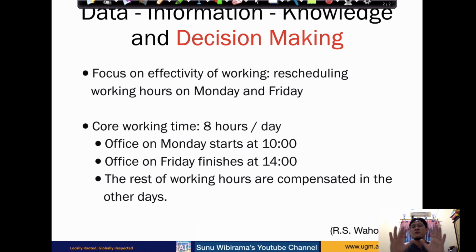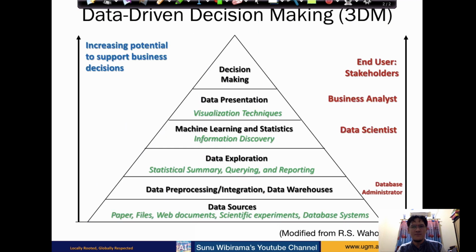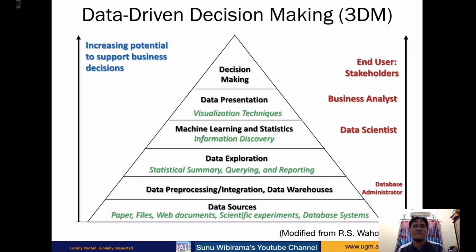You know the knowledge, the patterns of the staff in the working hours, and then you can try to understand how you can deal with this problem and how you can create the decision. This is a very rough, very simple example of how you can leverage data to create a good decision for your business. And in this case, we call this data-driven decision making.